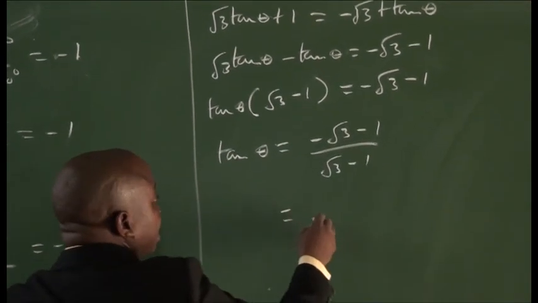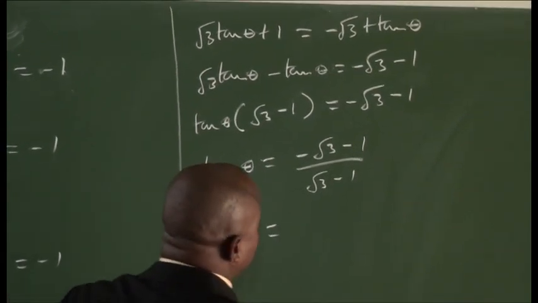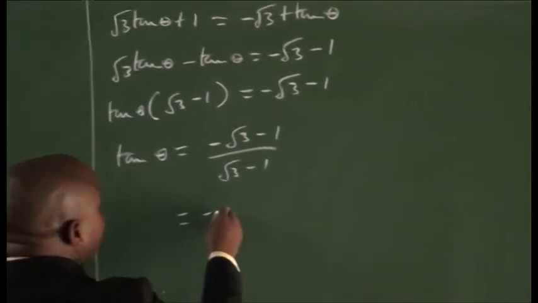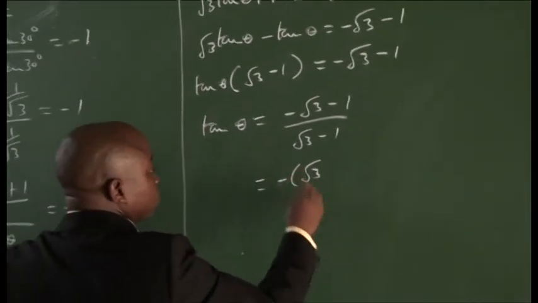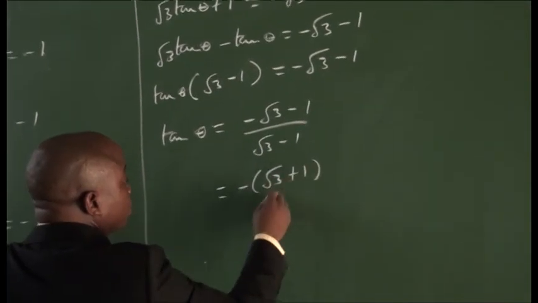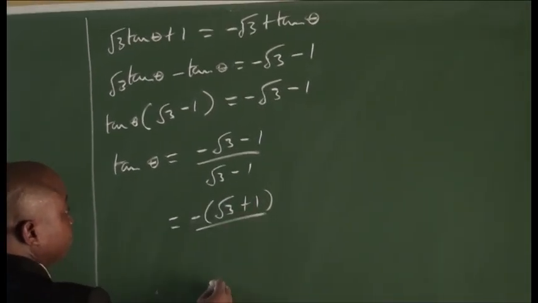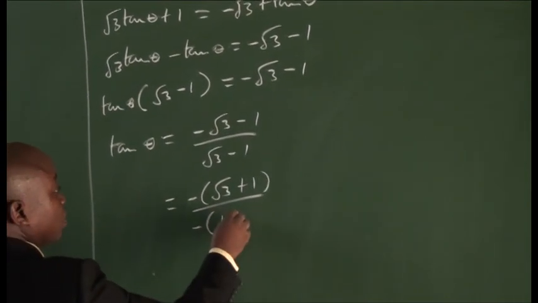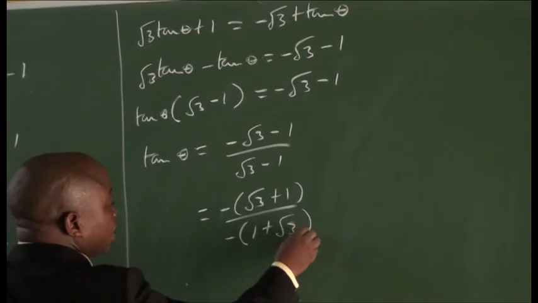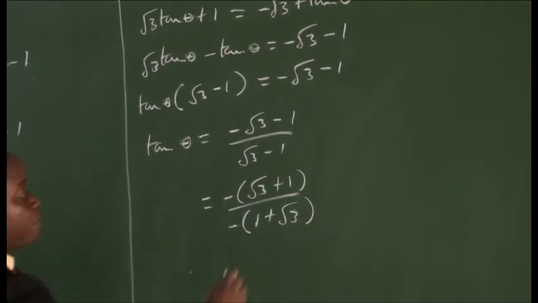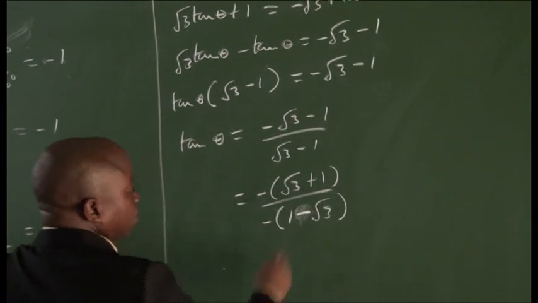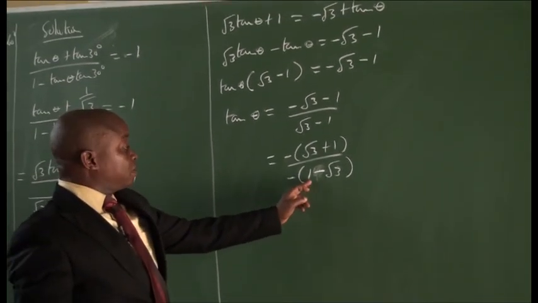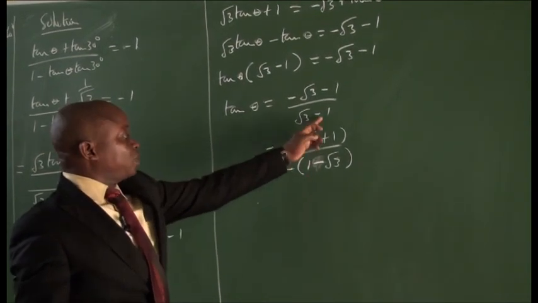If I don't want to write it that way, I can write it like this: minus root 3 plus 1 over minus 1 plus root 3, which is 1 minus root 3, because minus times 1 gives minus 1.